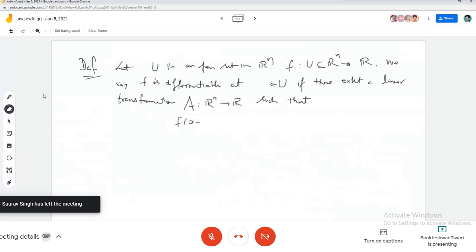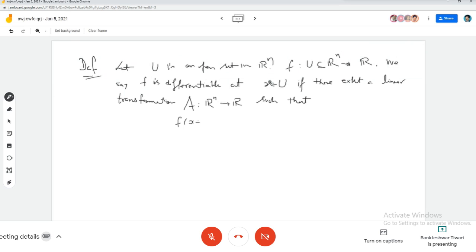So this x is a point in U. Let us take x as a point in U.